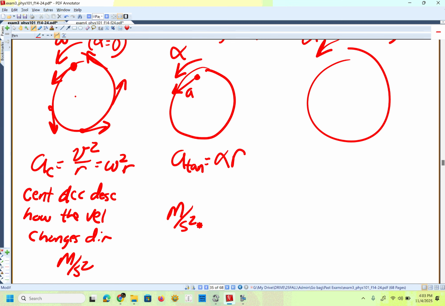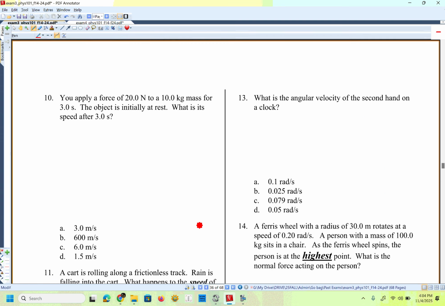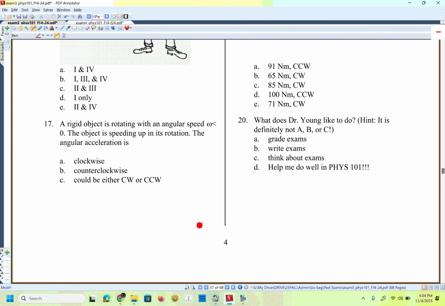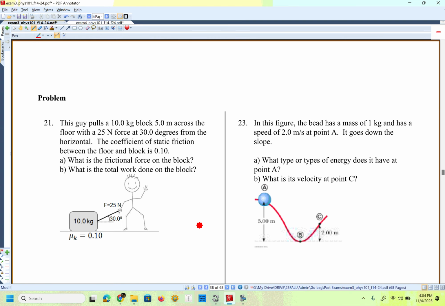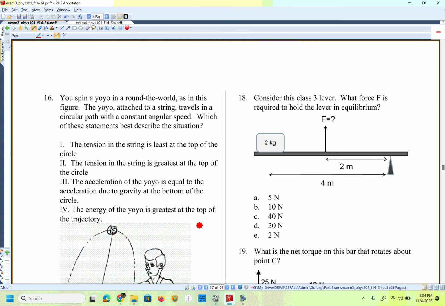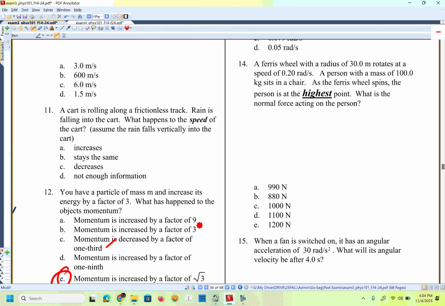2019, 14, exam 3, right? This one, the Ferris wheel? Yeah. So this is a lot like your free response.